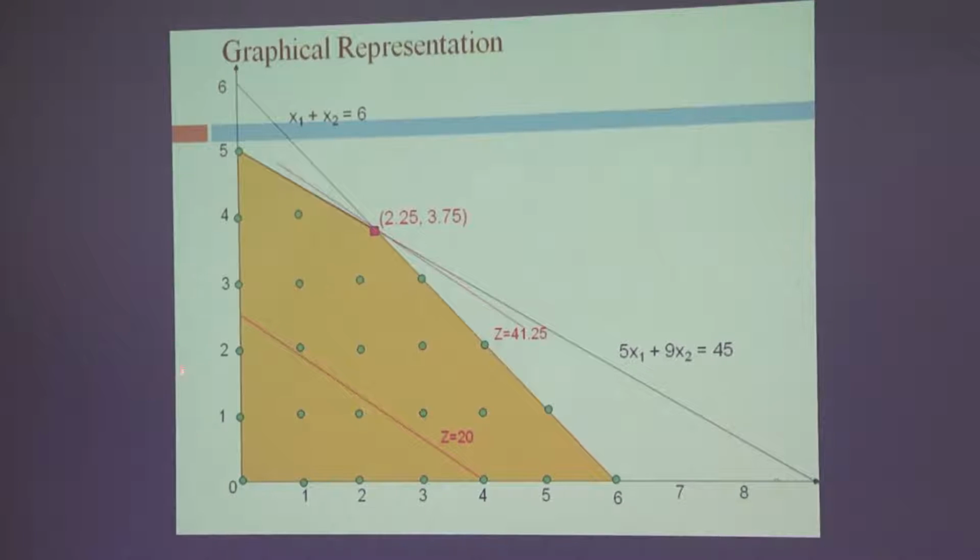Your optimal value for the integer program cannot exceed 41, less than or equal to 41, because x1 and x2 are integers, so the optimal value is not going to be a decimal number. Okay? So that we can gauge from here. So we have got the upper bound for your integer programming's optimal value.